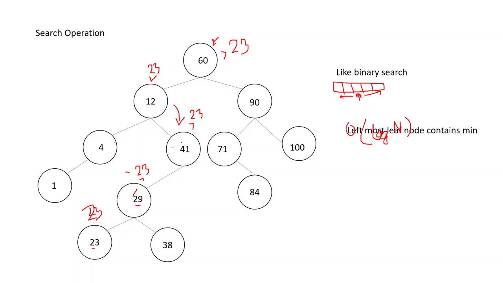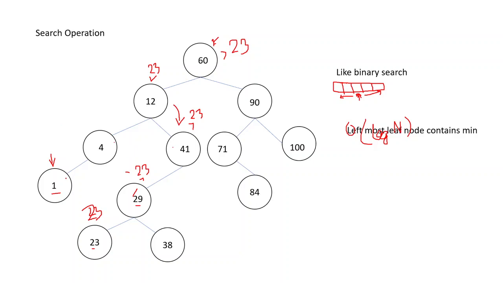Next, there are two important properties of the binary search tree. The property is, if you look at the leftmost leaf node of the binary search tree, you will see that that node will contain the minimum value present in the entire tree.